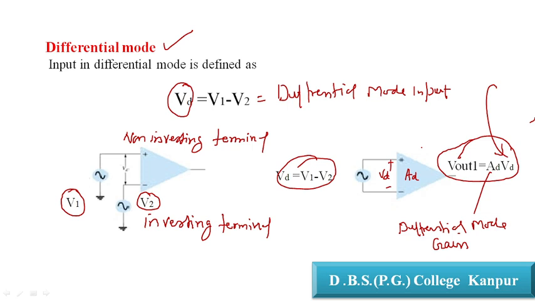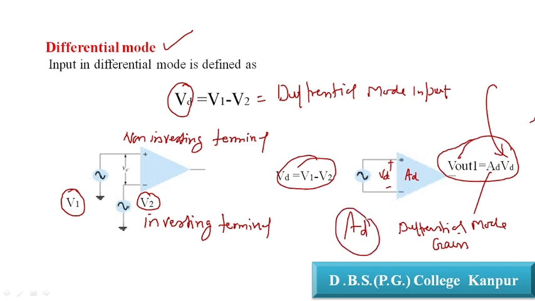What is the meaning of differential mode? Different voltages are applied at the operational amplifier terminals: non-inverting terminal voltage is V1 and inverting terminal voltage is V2. So VD is applied at those terminals. In this condition, the operational amplifier gives the output AD into VD. Now we define the very important quantity AD. Why do we discuss AD?